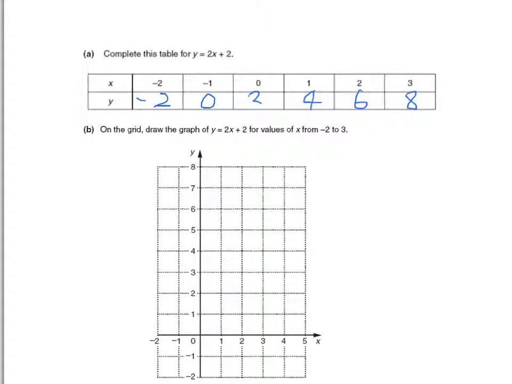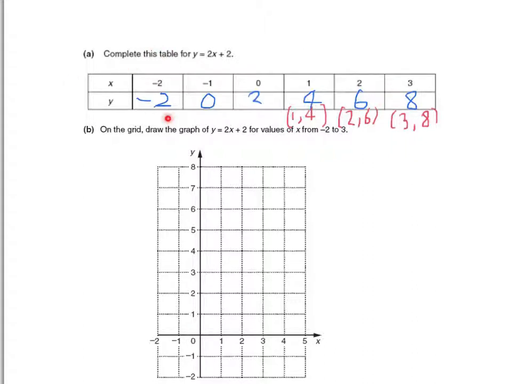Now these values that we found here are actually our coordinates. So this coordinate on the end represents 3, 8. This one here, 2, 6. This one, 1, 4. And what you're asked in the second part is, it says on the grid draw the graph of y equals 2x plus 2, which is what we've drawn in this first part of the question.